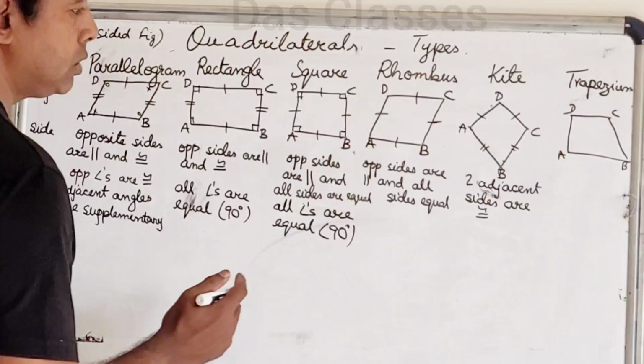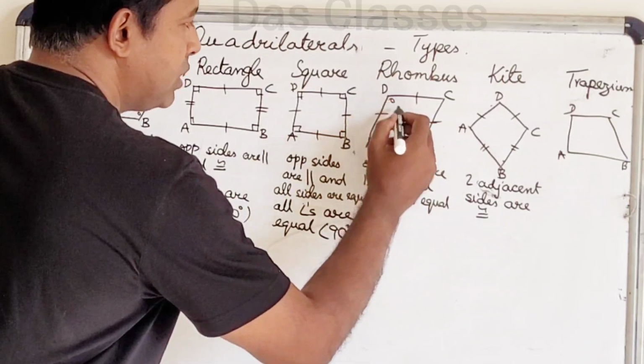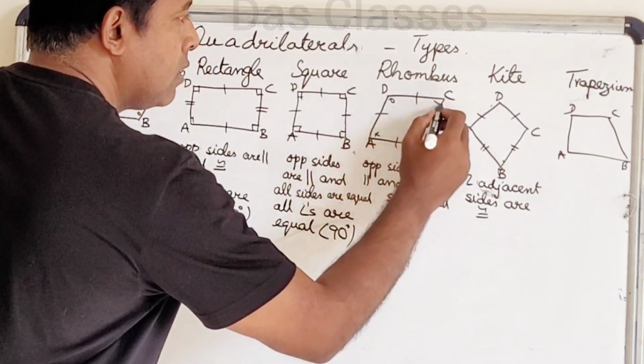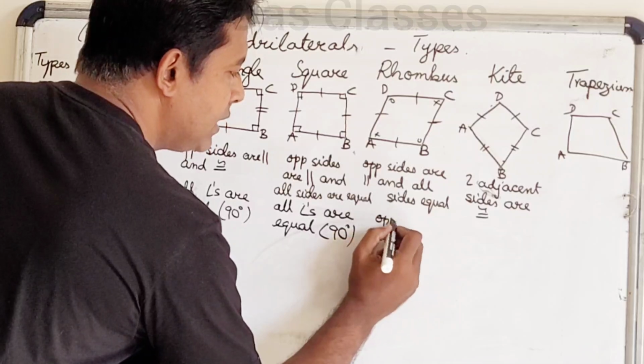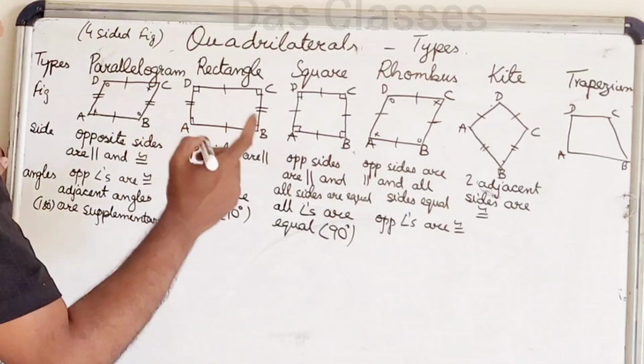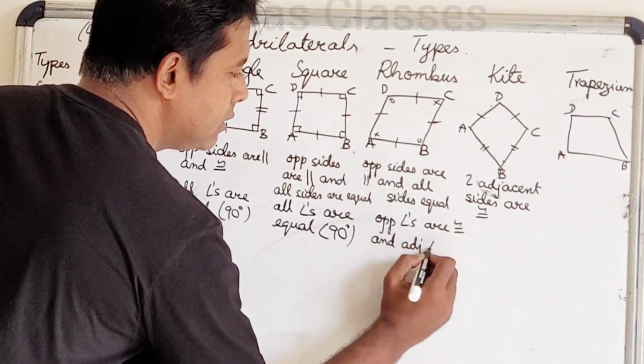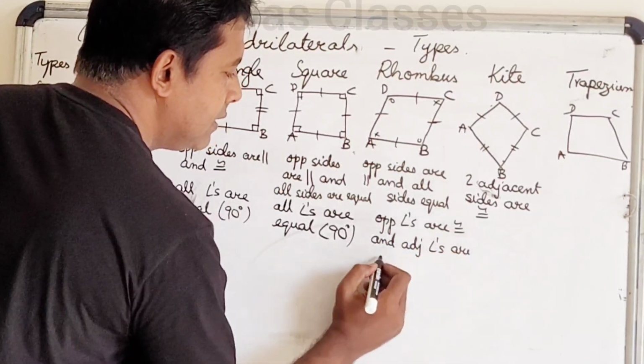In case of rhombus, it's the same as parallelogram. Opposite angles are congruent and adjacent angles are supplementary.